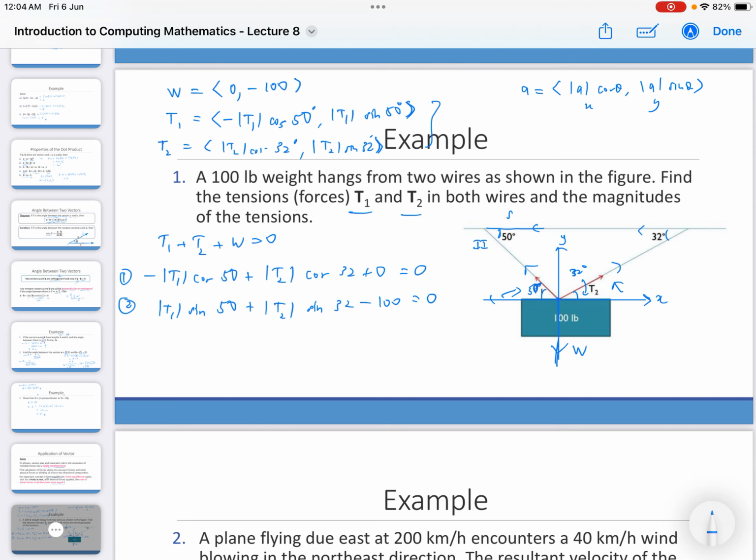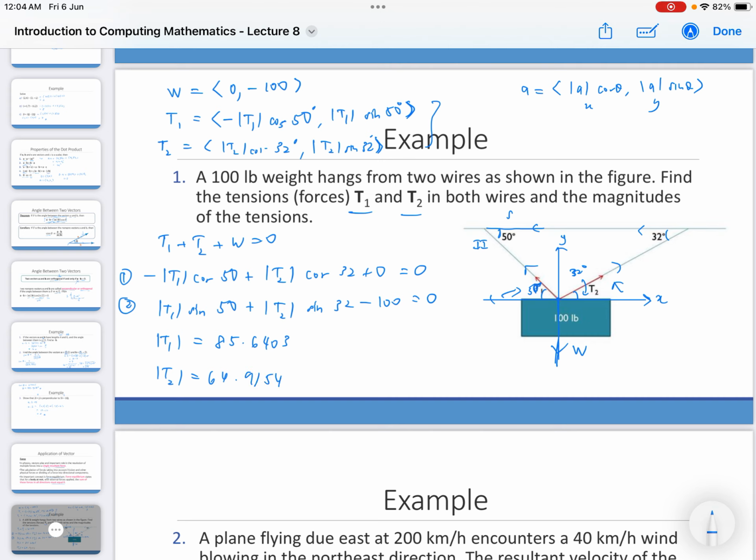I'll just give the final answer for norm of T1 and norm of T2. When we solve, we get the norm of T1 is equal to 85.6403, and the norm of T2 is equal to 64.9154.